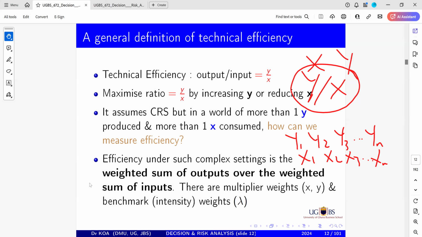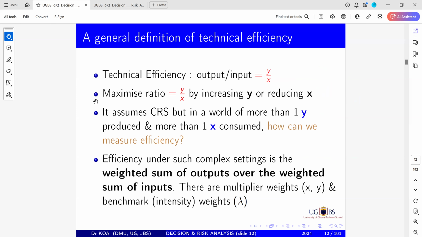The weights are multipliers, they are intensity vectors. They are the importance you attach to each input and each output before the efficiency of the unit is assessed. Keep that in mind. It's a weighted output. That's the general definition of efficiency: the weighted outputs over the weighted inputs.